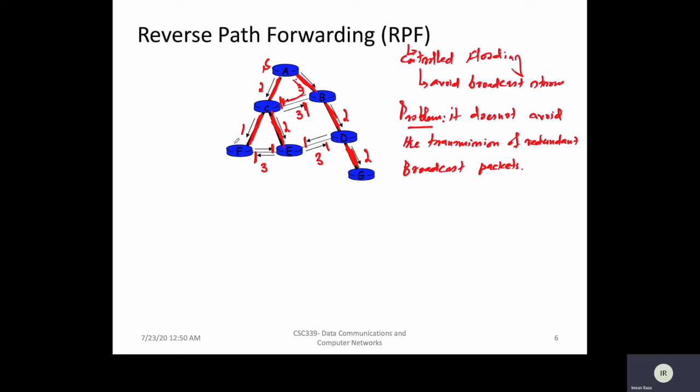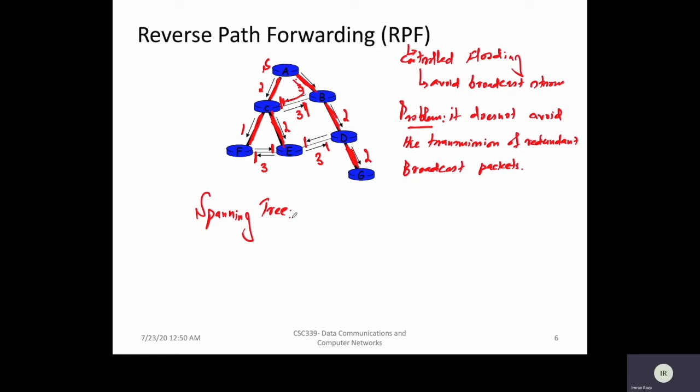So by the way, if I only take this path, which is the highlighted path, this is an example of a spanning tree. So the tree that is connecting these different links in this way is called a spanning tree, right?